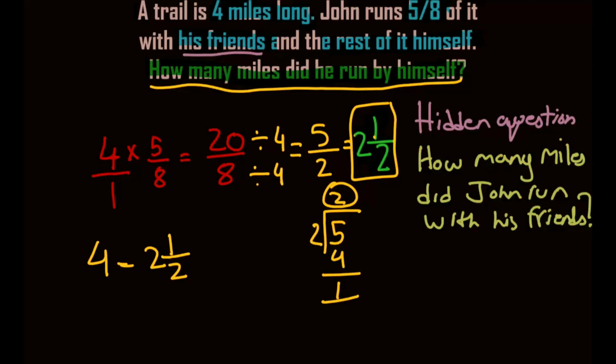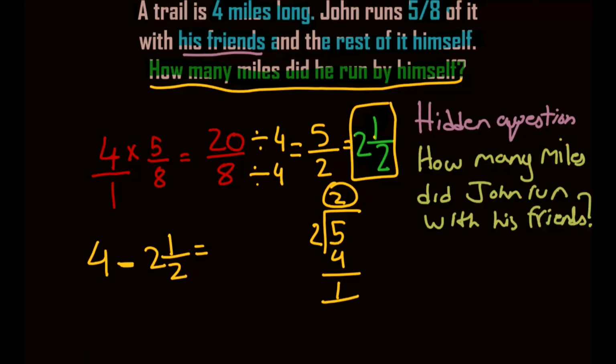There are a couple of ways you can do this. Either you can compensate, or you can just directly subtract. I'm going to show you what I mean in a second. What I mean by compensate is we can subtract it like this.